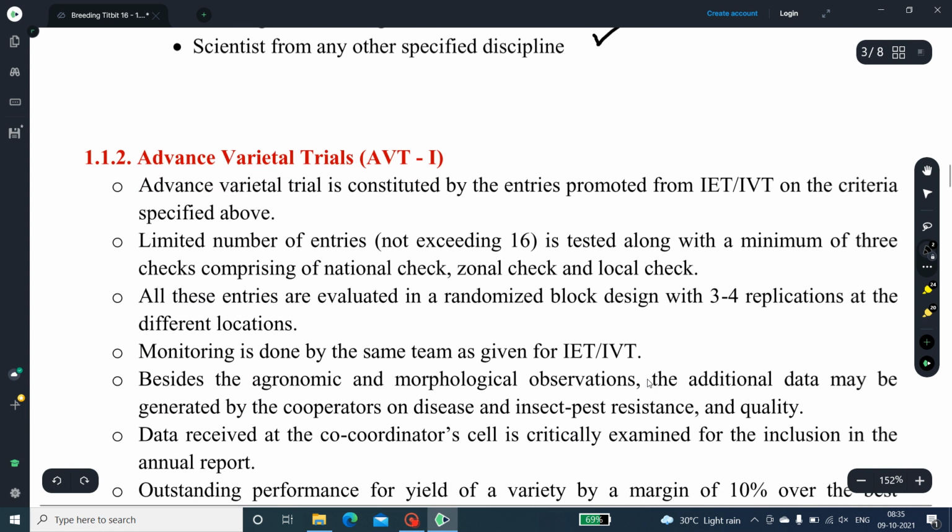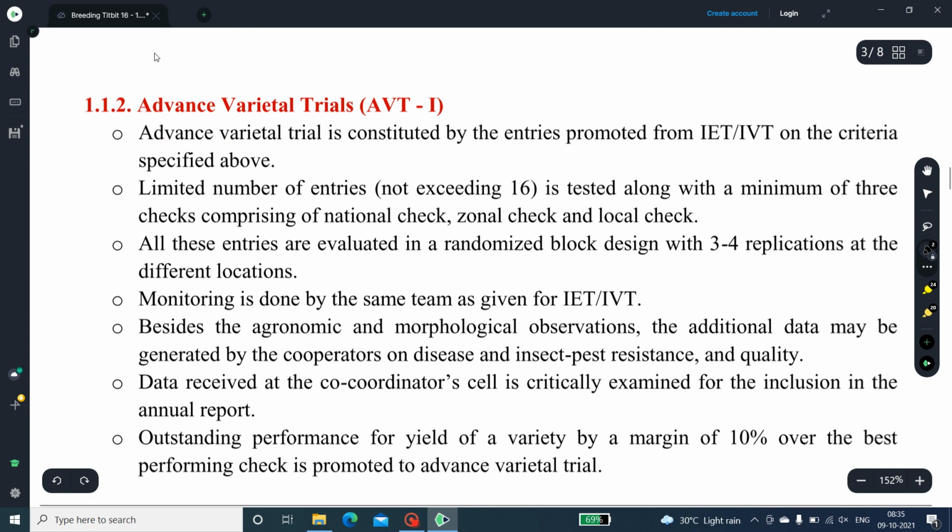The second trial is the advanced varietal trial AVT 1, and this is constituted by the entries promoted from the initial evaluation trial or initial varietal trial on the criteria specified above.